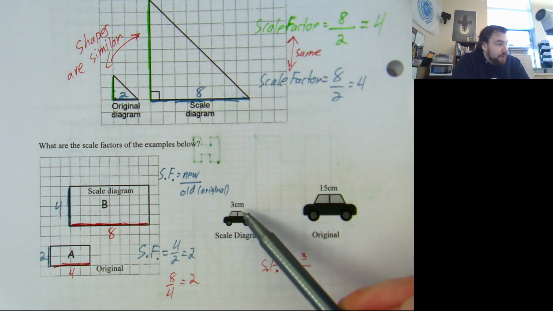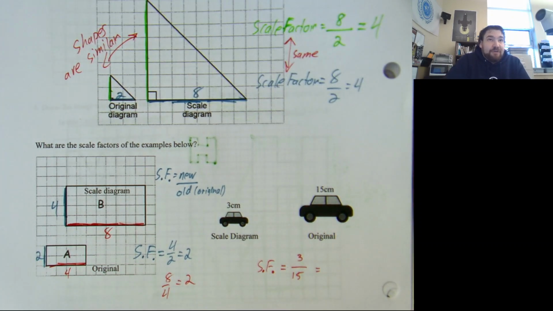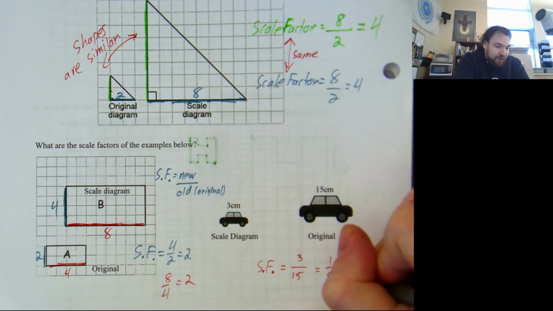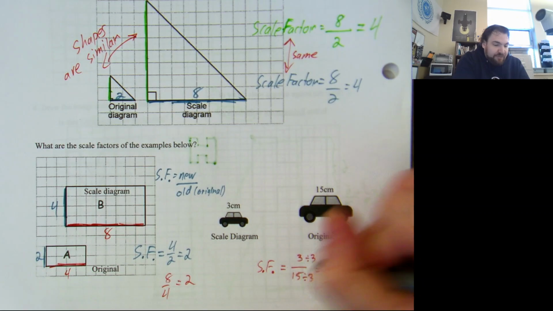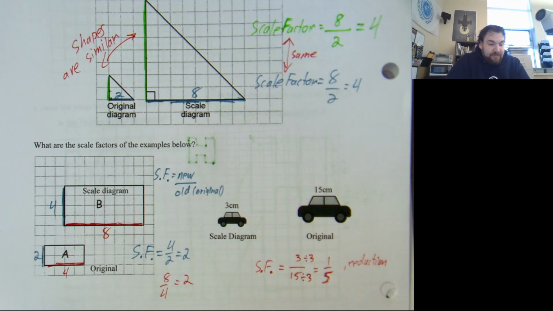The diagram or the model goes up top. And so then this thing's going to get reduced. 3 over 15 reduces to 1/5, because both numerator and denominator are divisible by 3. So this is a reduction. But we can find the scale factors the same way.